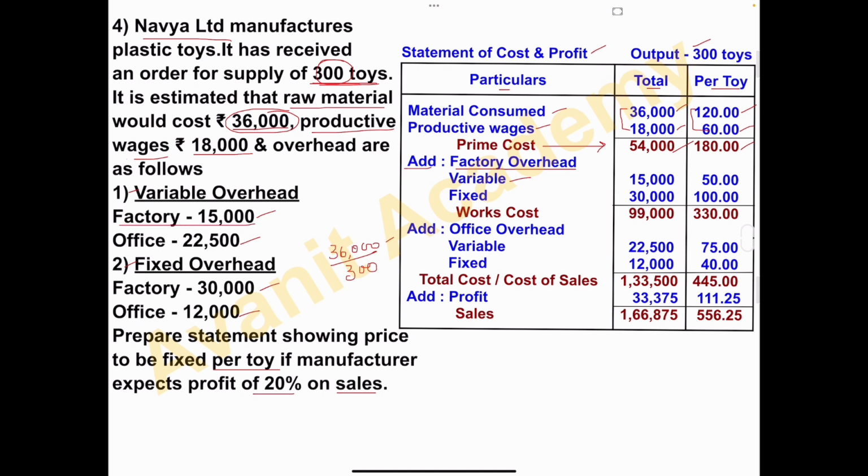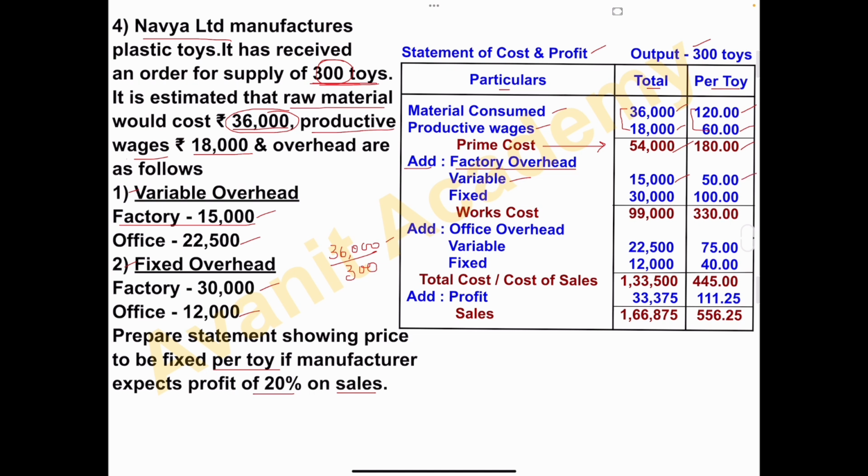In factory, the amount is 15,000. So write here variable, total cost column rupees 15,000. To get the per toy amount, 15,000 divided by 300. You will get 50 rupees.